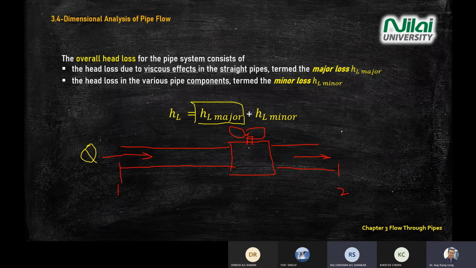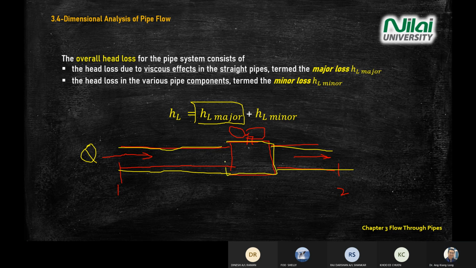Yes, sir. It should be calculated because it's a straight pipe. So of course it's major loss. Then, do you consider this valve or not for major losses?